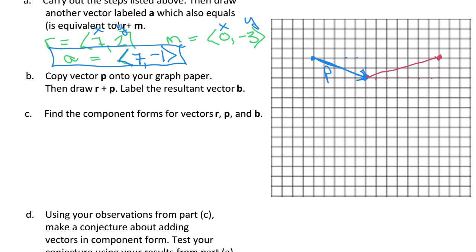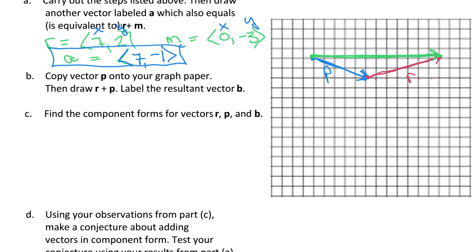So here's R. My resultant vector is B, which is going to go from the tail of where I started to the tip of where I ended. And that is 1, 2, 3, 4, 5, 6, 7, 8, 9, 10, 11, 12 units long.